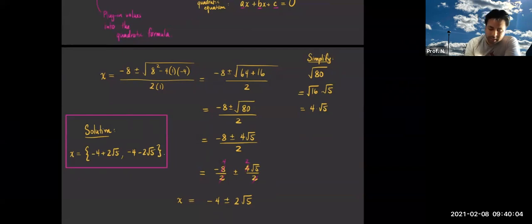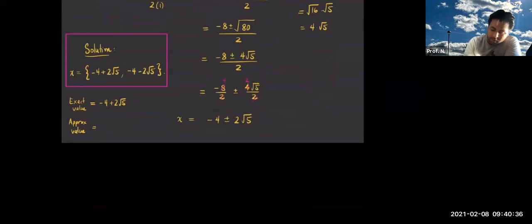And of course, this is the exact value. The exact value for x would be -4 plus 2 rad 5. That's one of them. And if you want the approximate value, you would put that in your calculator, and your calculator will give you a decimal representation. So let me find that myself: -4 plus 2 rad 5.